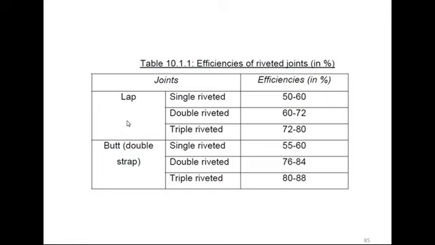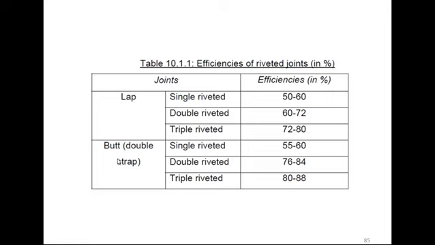The next, the lap double riveted joint, has 60 to 72% efficiency. Then the next one, the lap triple riveted joint, has 72 to 80% efficiency.